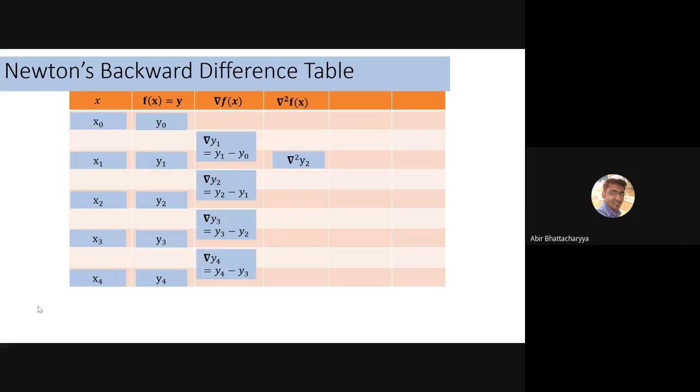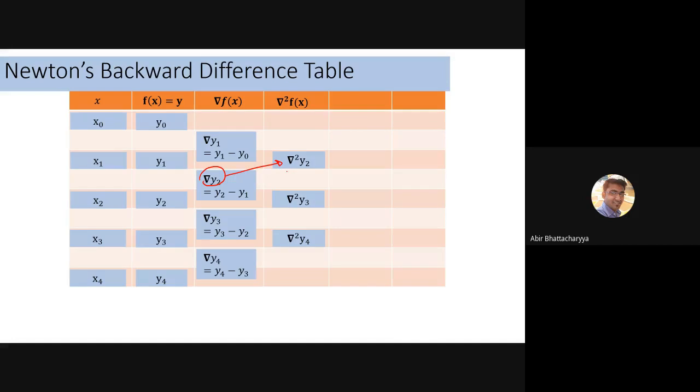Delta square fx is like this: delta square y2, delta square y3, delta square y4, like that. Now my question is, what is delta square y2?